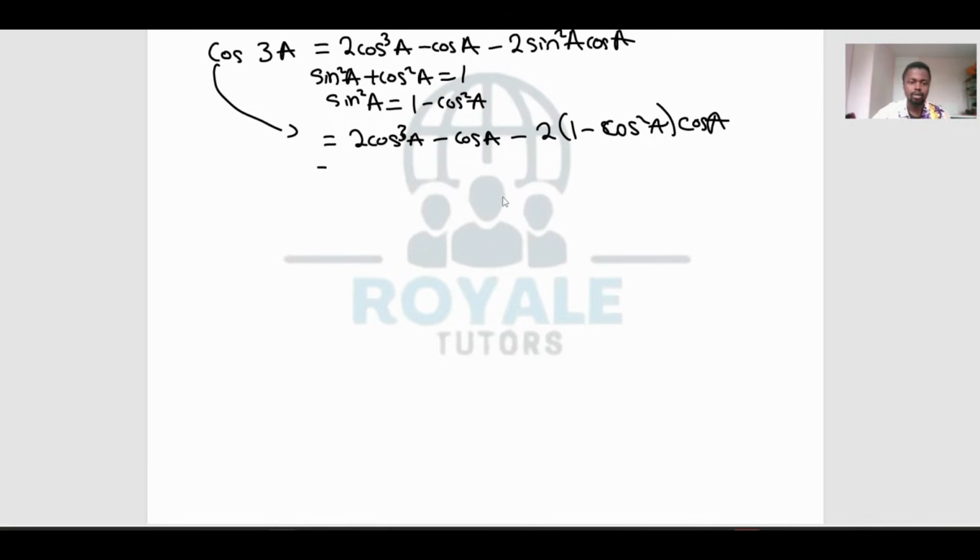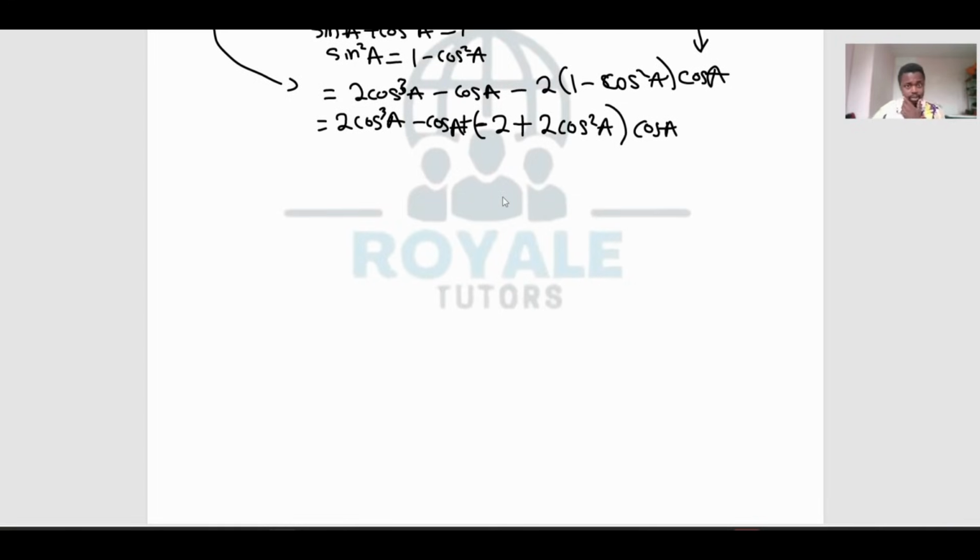So moving on, I'm going to have 2 cos cubed a minus cos a. Then I allow the minus 2 to go in. Minus 2 times 1 is going to give me minus 2. Minus 2 times minus cos squared a is going to give me plus 2 cos squared a. Now, I should not forget that there is cos a outside this one.